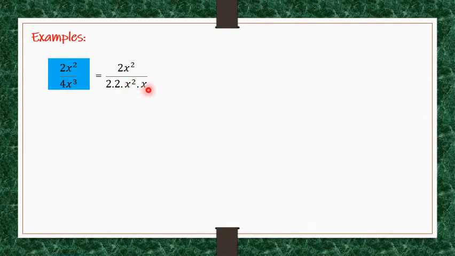Now we see the same here, the common factor or the GCF. We're going to cancel out or divide it. That's it. And then the remaining factor is 1 over 2x. So this is the answer.